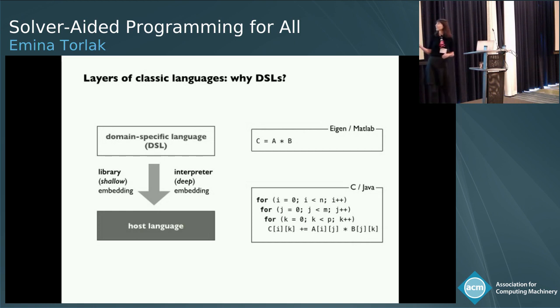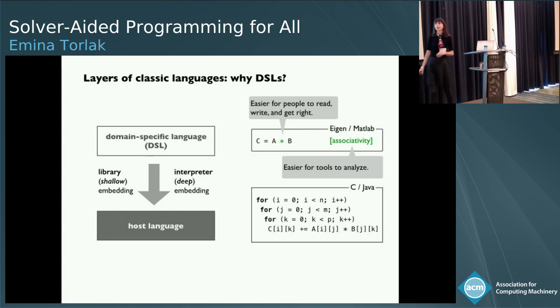The other thing that's interesting is that for a domain-specific programming language, the compiler for that language can exploit domain knowledge to generate better code. Or if we're talking about a programming tool, it can exploit that domain knowledge to generate better constraints and enable more efficient solving.